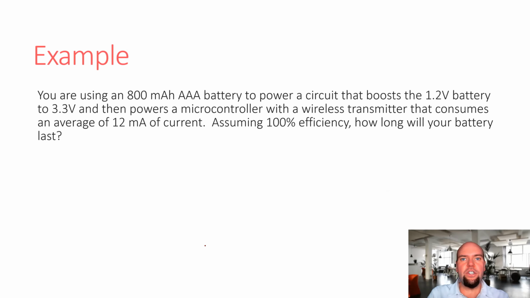First of all, let's just do a straight energy assessment here, because they say 100% efficiency. So just doing straight energy, what's the energy capacity of the battery? If we're doing energy capacity, like I said, it has to be cell voltage times the milliamp hour rating, times the conversion from hours to seconds.